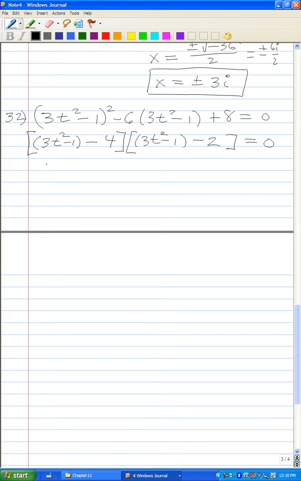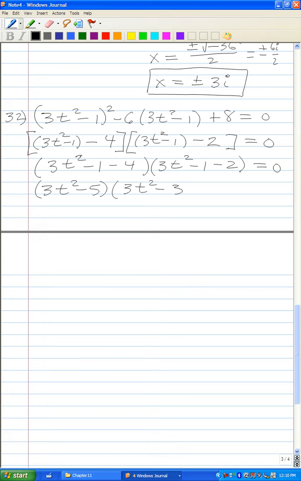And so I get, forgot the exponent, so I get 3t squared minus 1 minus 4, removing the parentheses, 3t squared minus 1 minus 2, again removing the parentheses. Combine like terms, so I get 3t squared minus 5, 3t squared minus 3 equals 0.